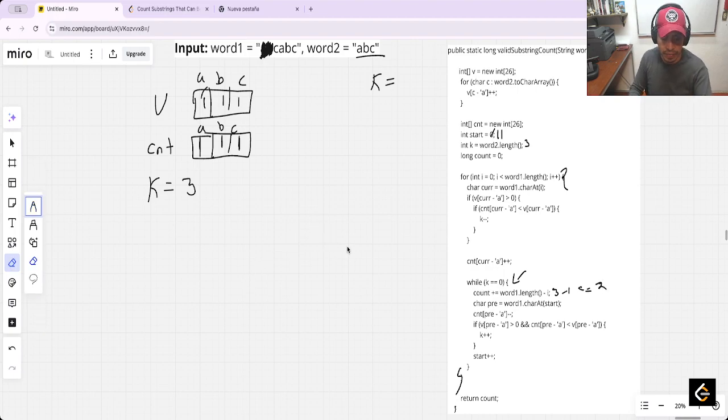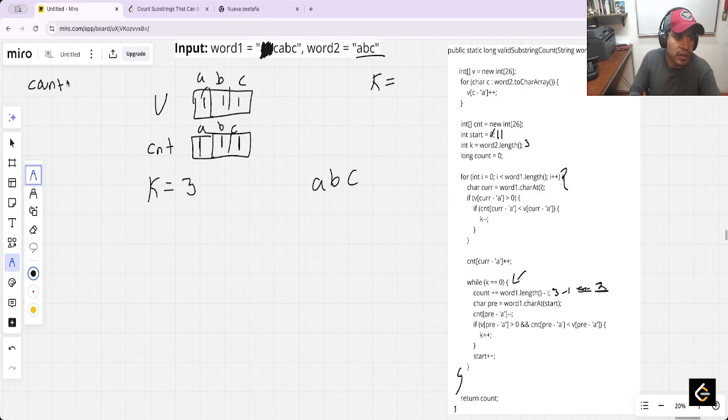Okay, now count plus equal 3 less 1, it's equal to 2. Until now it's A, B, C. The counter is the answer, yes? The counter is equal, and here is word.length, that is 3 less 0, 1, 2.